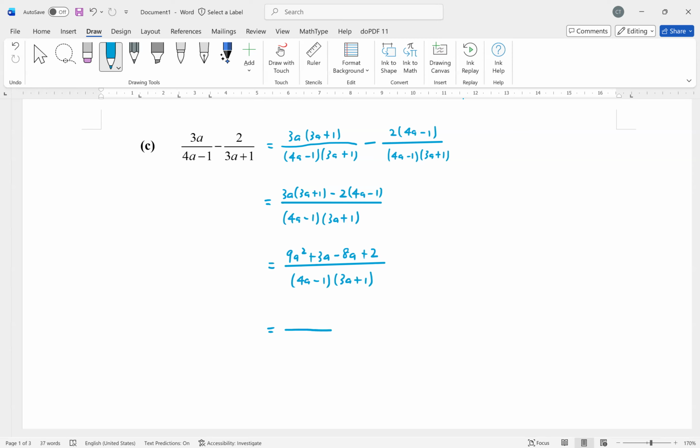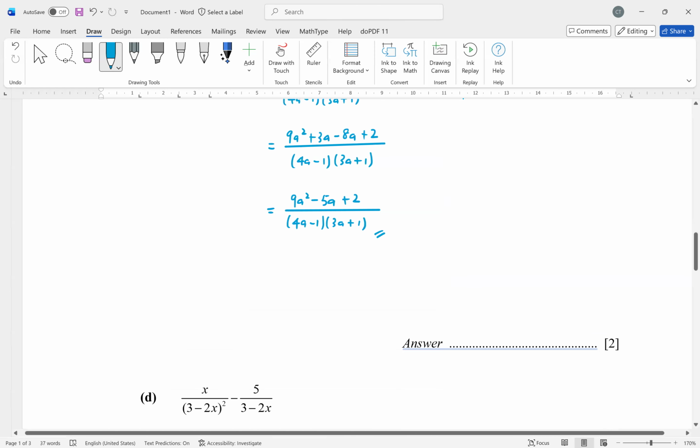Right, so from here, we will have 9a squared. 3a minus 8a, you have negative 5a, then plus 2. So this will be the answer.